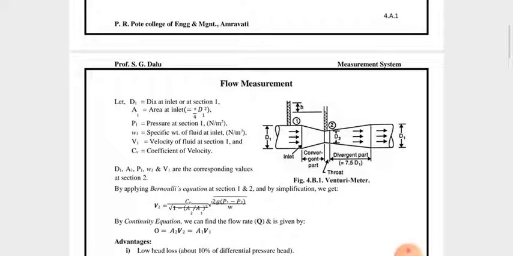Here, before the throat, one manometer is attached to section 1, and at the throat there is another manometer attached, which are used for the measurement of pressure.